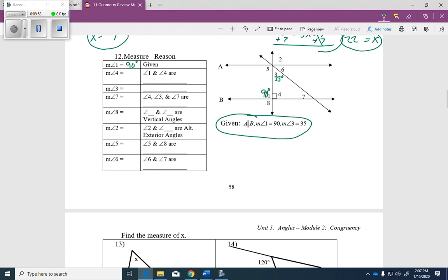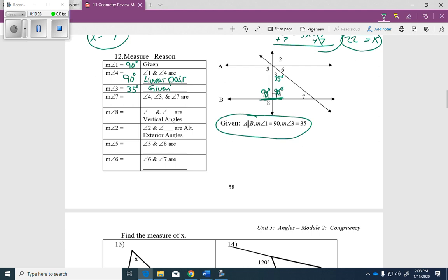Then they're asking for the measure of angle 4, and I notice that angle 1 and angle 4 make this straight line, which really means they're a linear pair. Linear pair adds to 180, so if angle 1 is 90, angle 4 must also be 90, because 90 plus 90 is 180. Next, they're asking for angle 3, which I know is 35 because it was given.